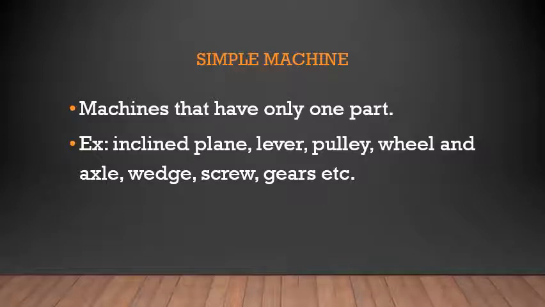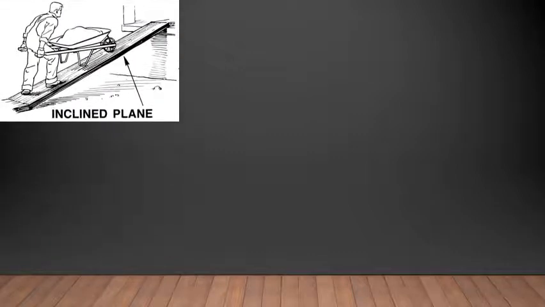Now, first we will see what is the inclined plane. As you can see, the man is using an inclined plane to go up. It is easier to push it up than to carry it up. So this inclined plane helps them to make the work easier.